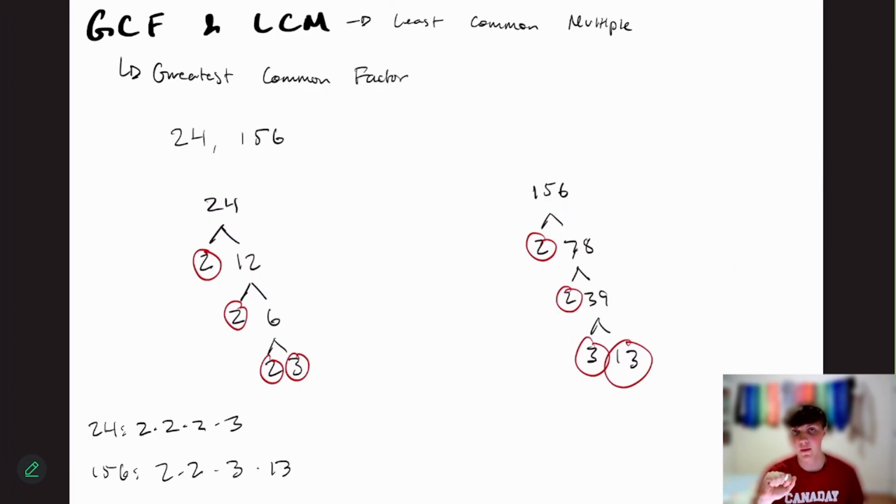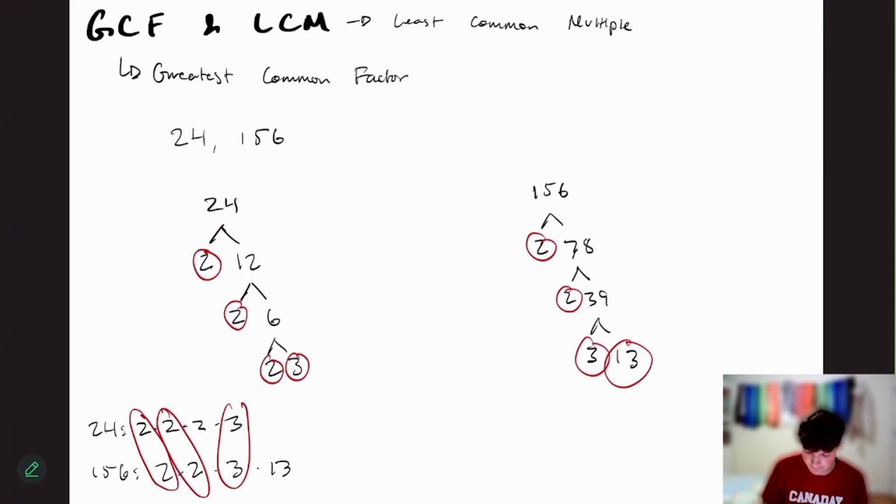Okay, and the way we find an LCM is by finding the shared pairs, 2, 2, and 3, just like we did with GCF. We multiply those together, so 2 times 2 times 3. But the last thing we have to do is also multiply by the things that aren't shared. So we multiply by this 2 and this 13.